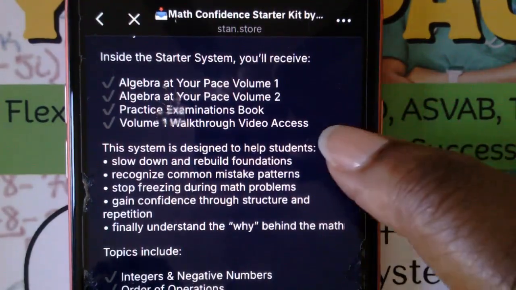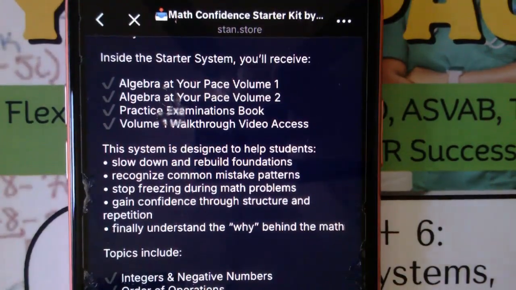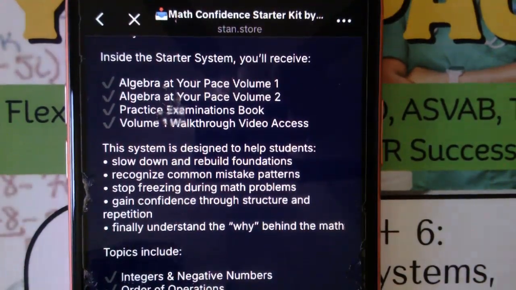So if you see any kind of video access or video answer keys, it's a video recording of me breaking down each of the problems, so now you can feel confident enough to basically do it yourself. But here's the thing, if you ever get stuck, you can take a picture of it.